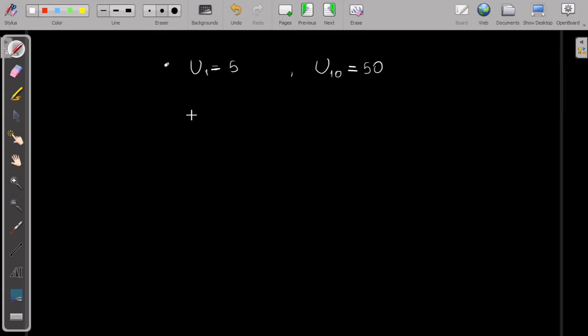Now, if I want to calculate the sum of the first 10 terms, I will use the first formula, which is Sn equals n over 2 times (u1 plus un). Here n is 10, times (u1, which is 5, plus un, which is 50), over 2.